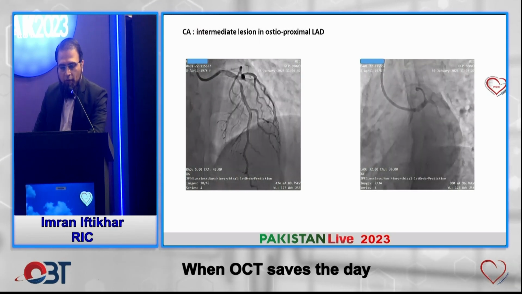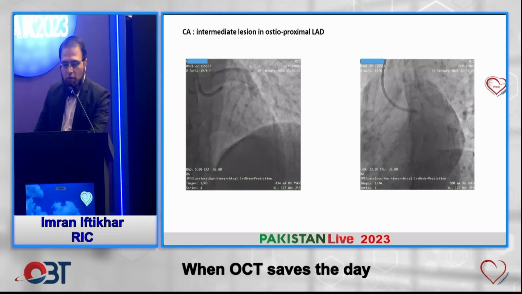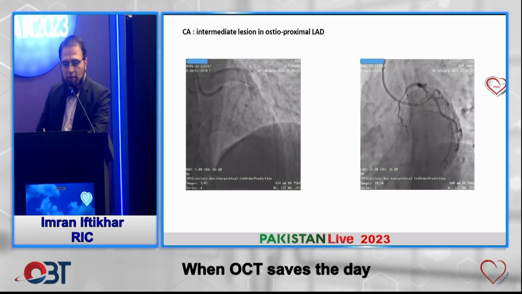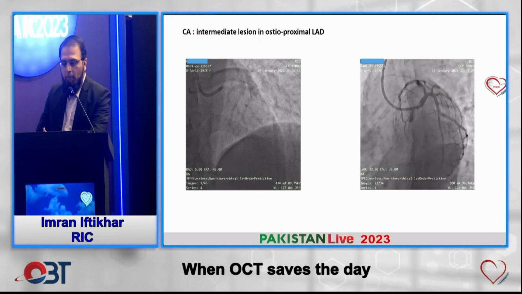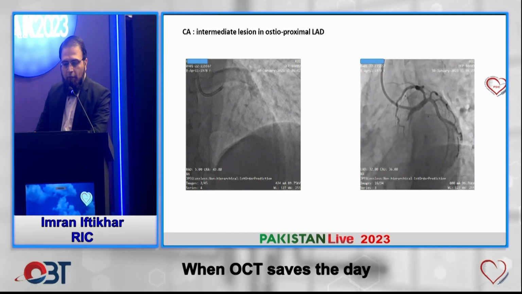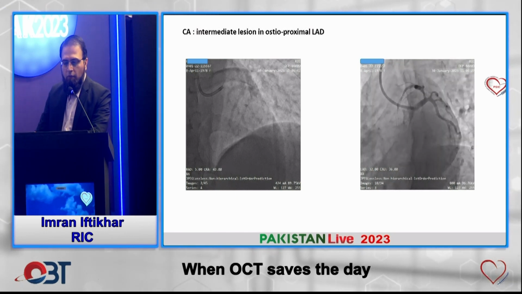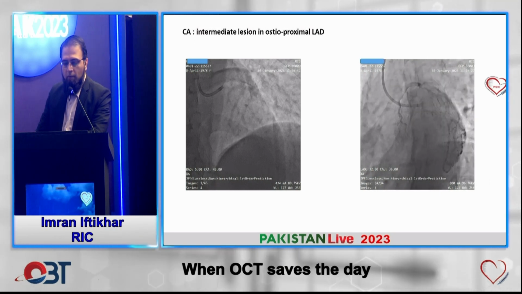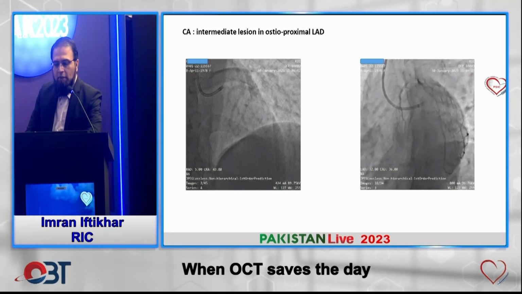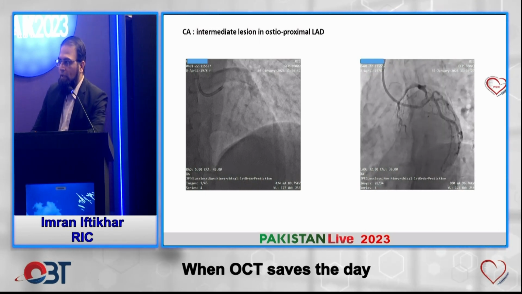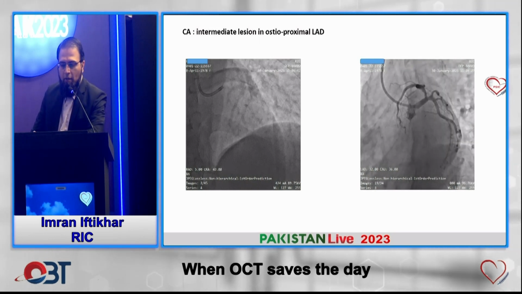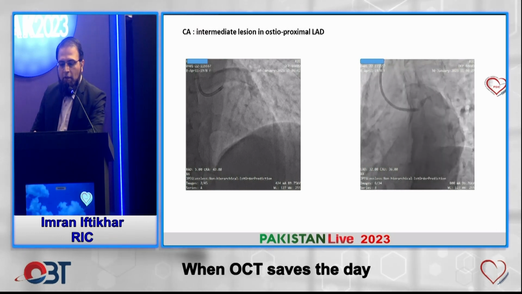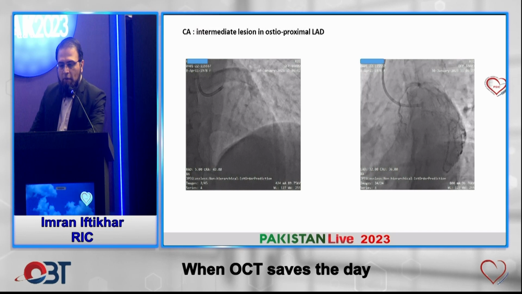At this point in time, we were in doubt whether to stent this patient or not. If we stent this, considering that it is an atherosclerotic plaque, then definitely the patient would have to take dual antiplatelet therapy for at least 12 months. The other differentials were that it could be SCAD or IMH, and we know that SCAD or IMH can present with ACS as well.